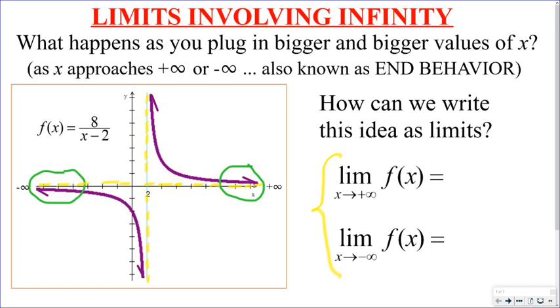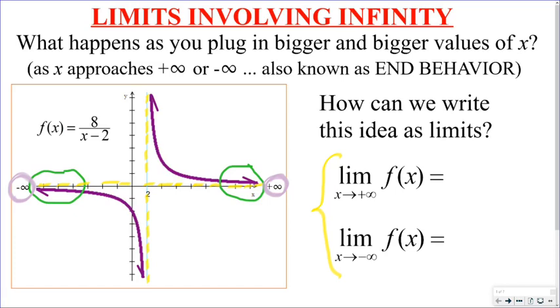We want to look at the ends of the graph, where x is approaching positive infinity way out here at the right end, or x is approaching negative infinity way out here at the left end. And if you think about what the graph is doing there?